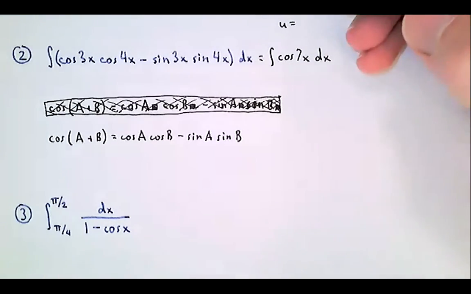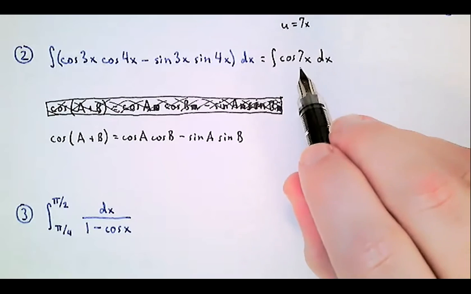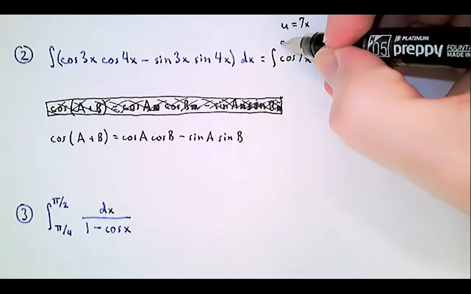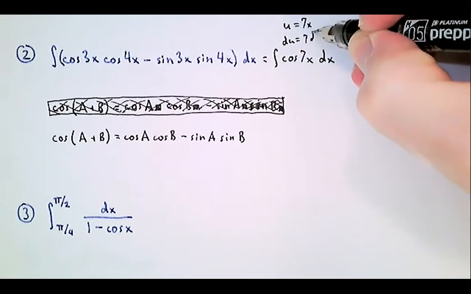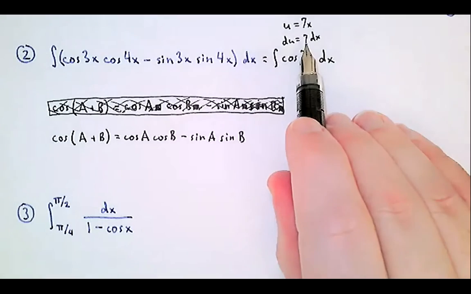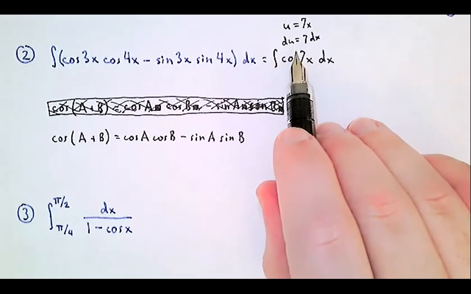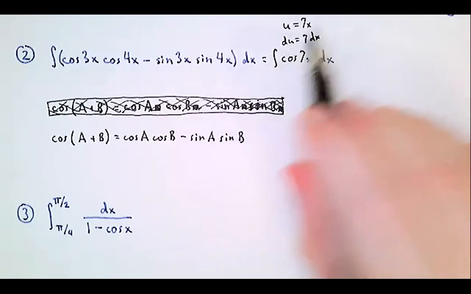So you might want to think about this as a u substitution, since we do have a constant multiple of x inside of the cosine. So our du will be 7 dx. And this is why we'll pick up an extra 1/7 constant in the front when we integrate, because of course you have to divide through by 7 to move it to the left side here.